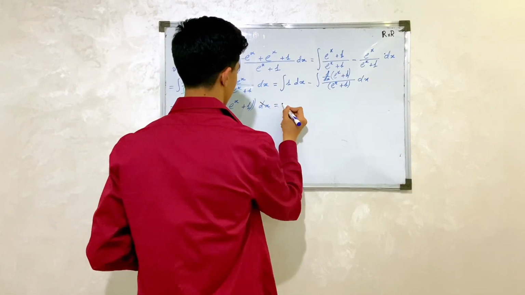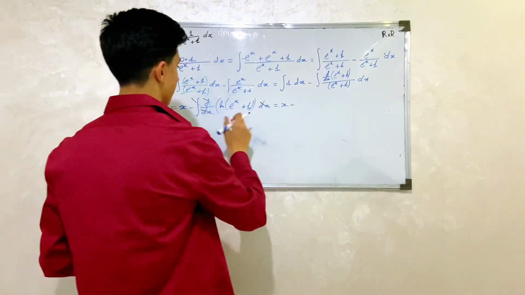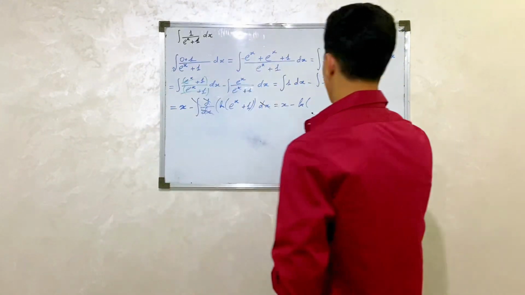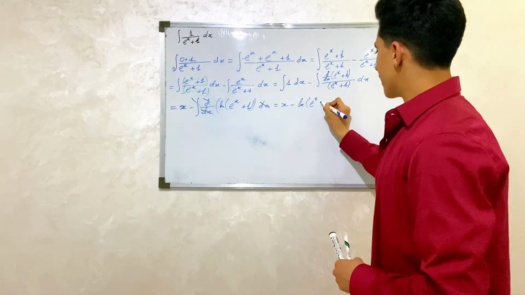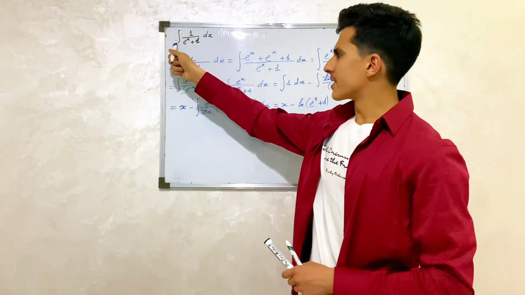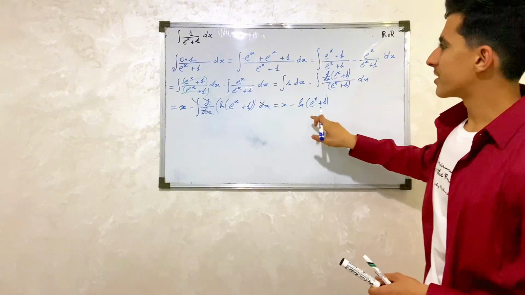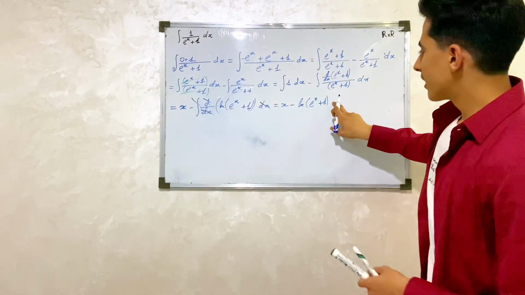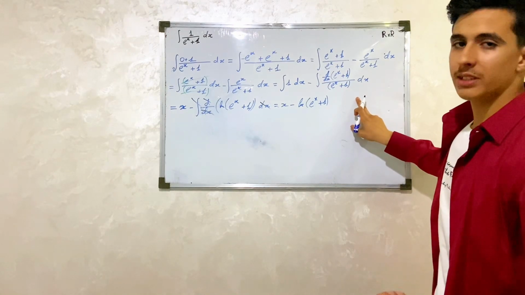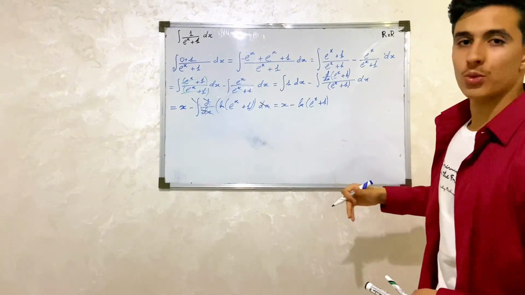x minus ln of e to the x plus 1. And because the integral is indefinite, meaning that this function should be a function that if we differentiate, it gives us this back, if we add any constant here, it wouldn't matter, because when we differentiate a function, any constant that is added goes out.